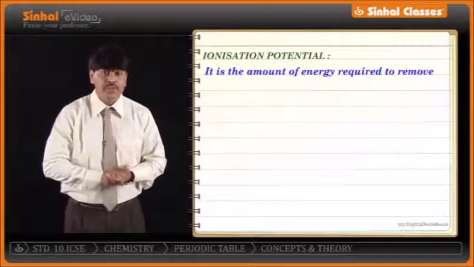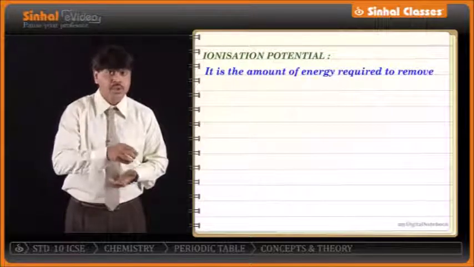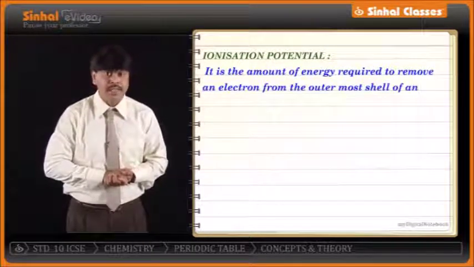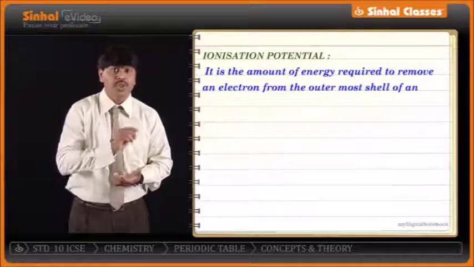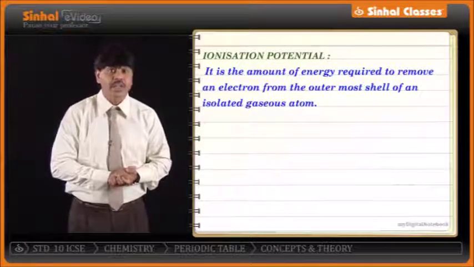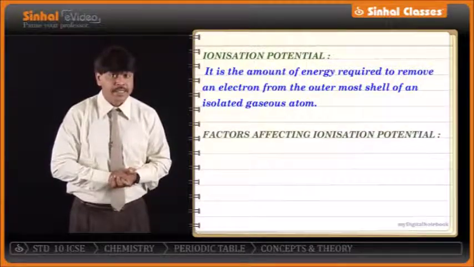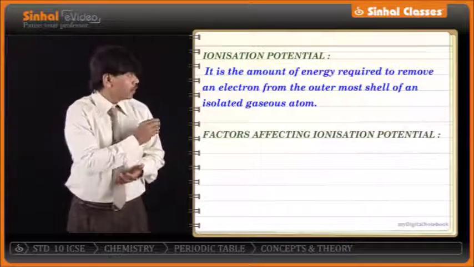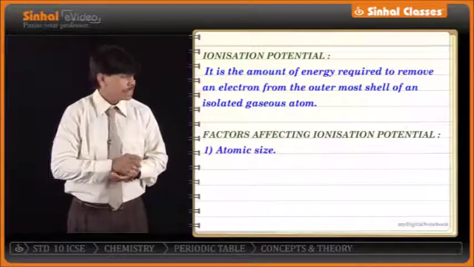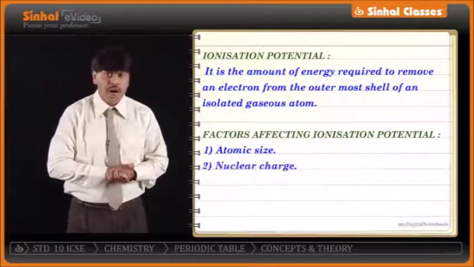Now let's take the second periodic property, that is ionization potential or ionization energy. It is the amount of energy required to remove the most loosely bonded electron from the outermost shell of an isolated gaseous atom. There are two factors which affect it: first, atomic size; second, nuclear charge.